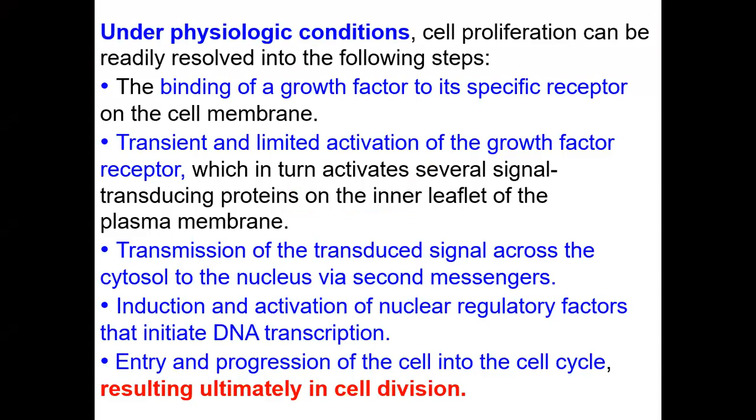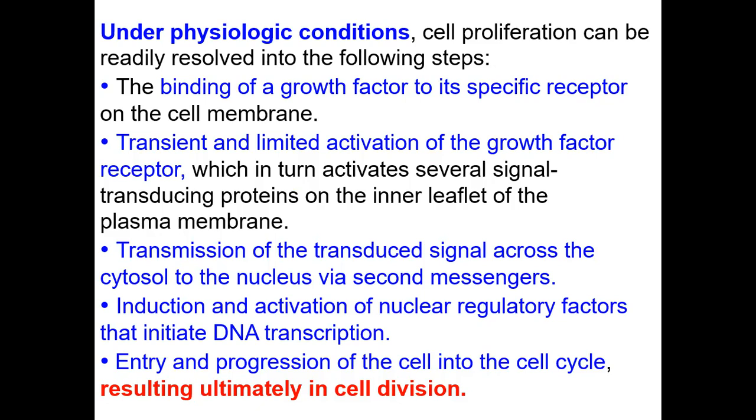تعرفون أن cell proliferation under physiological condition يعني resolved within many steps. هذه الستيبس منها binding of growth factor to specific receptor on the cell membrane. يصير activation of growth factor receptor leading to the activation of several signal transducing proteins on the inner leaflet of the plasma membrane.